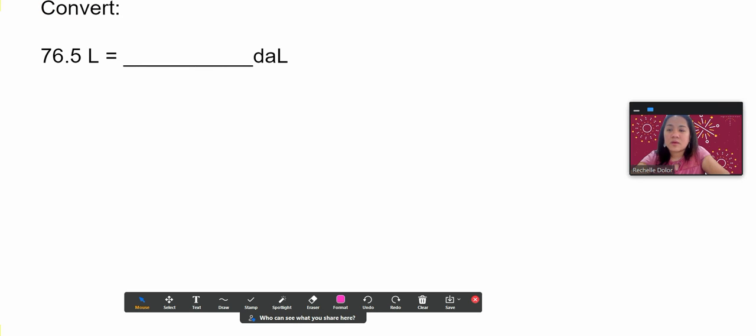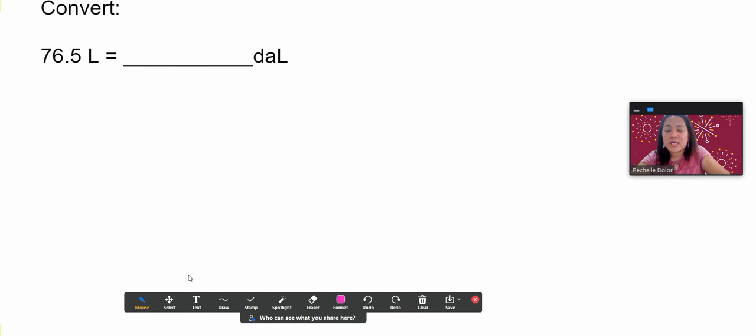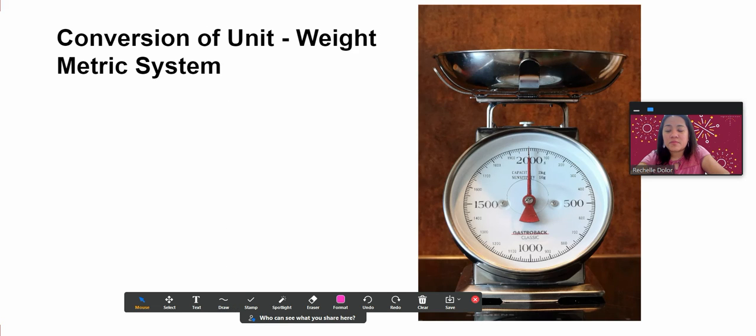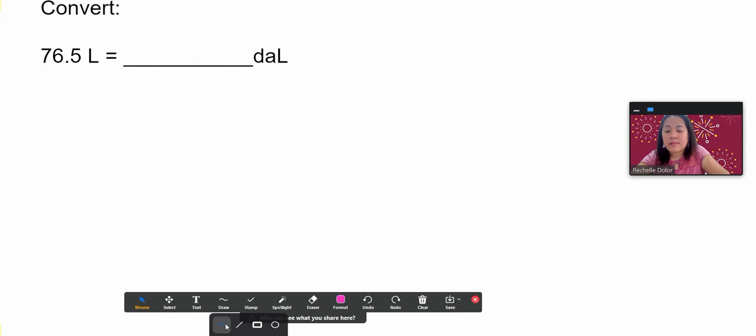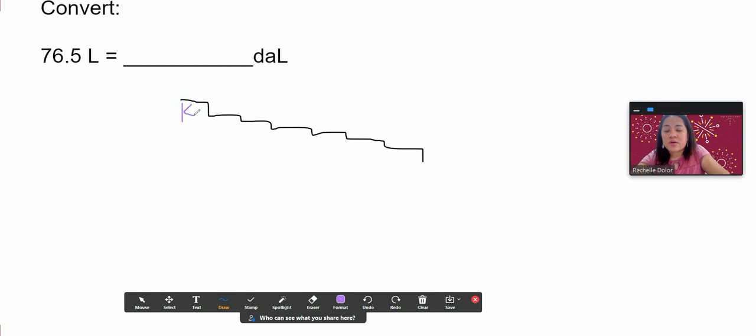Alright, so liter to decaliter. So we need to do again the process of the staircase. So you have, oops, sorry. 1, 2, 3, 4, 5, 6, 7. So I have to draw: kangaroo helps dingo because dingo can't multiply.